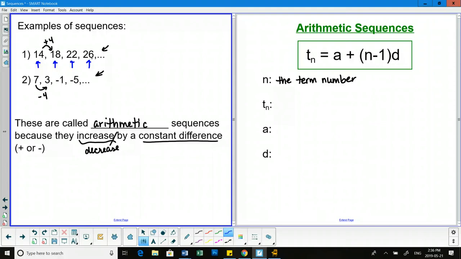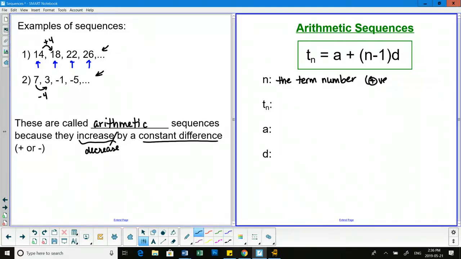So when I say the term number, I'm talking about that term in the list of numbers, the 10th term, the 11th term, whatever. Okay? So this is always going to be a positive whole number because I can't have a term 1.5. That doesn't make sense. Okay, it's going to be from the set of natural numbers, like we said earlier. Okay, Tn is the value of term n. So if I say T7, I'm looking for the value of the 7th term in the sequence.